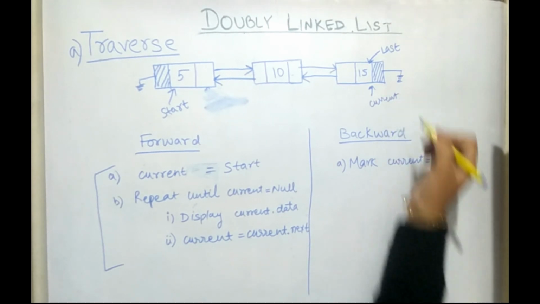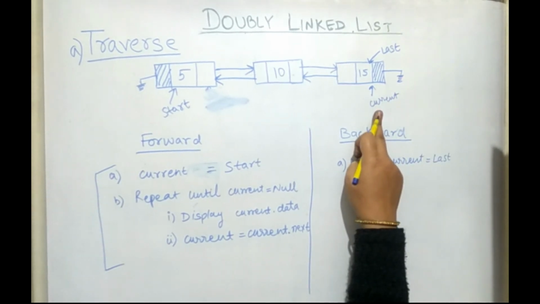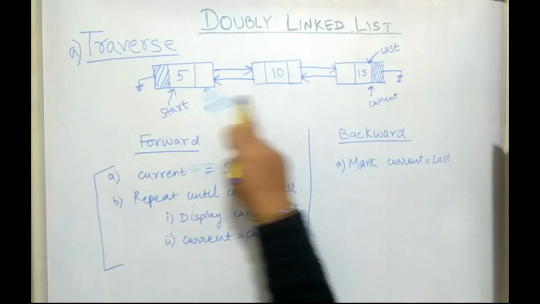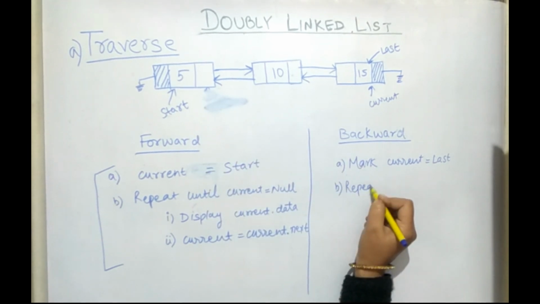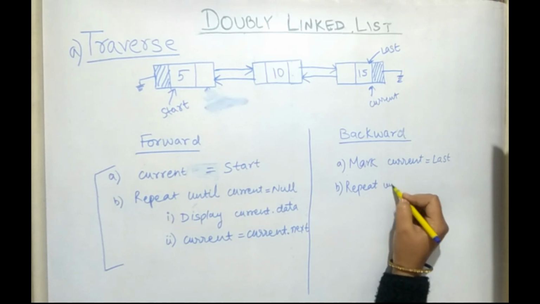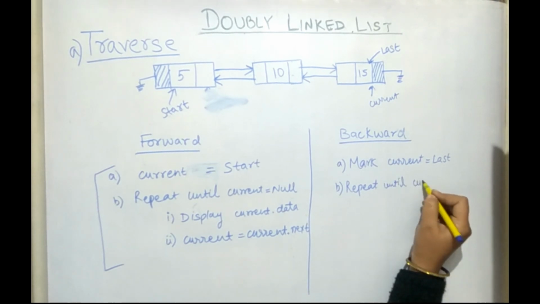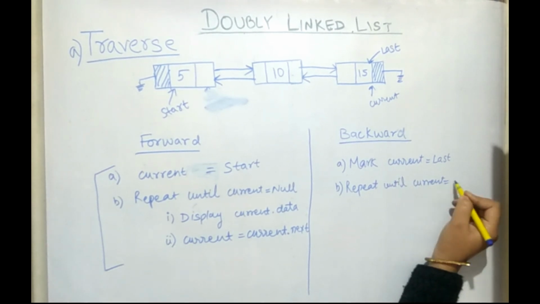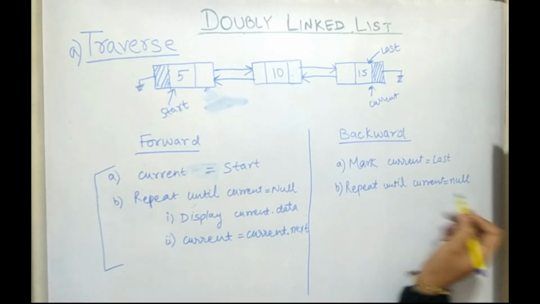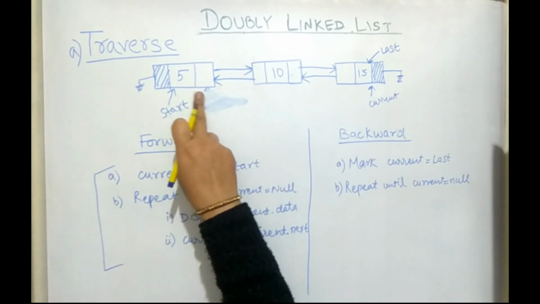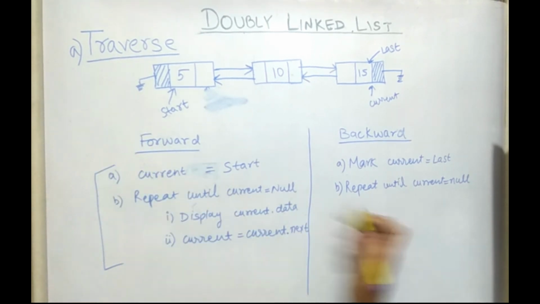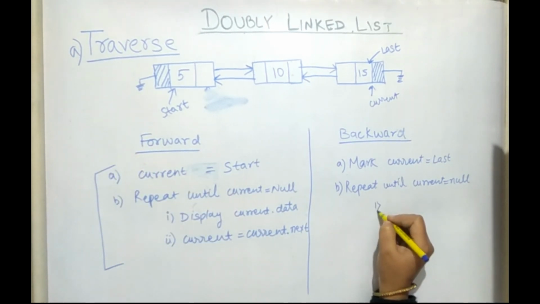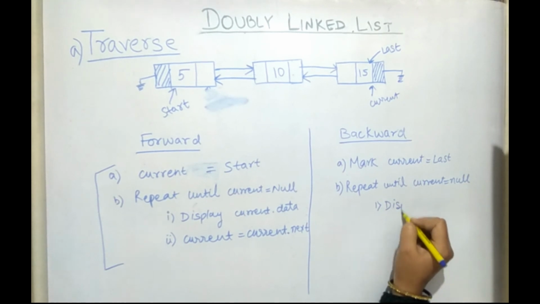Now we have to move current in the backward direction, so we repeat until current becomes equal to null. Same condition, because the head node's previous is also pointing to null. What are the steps to repeat?